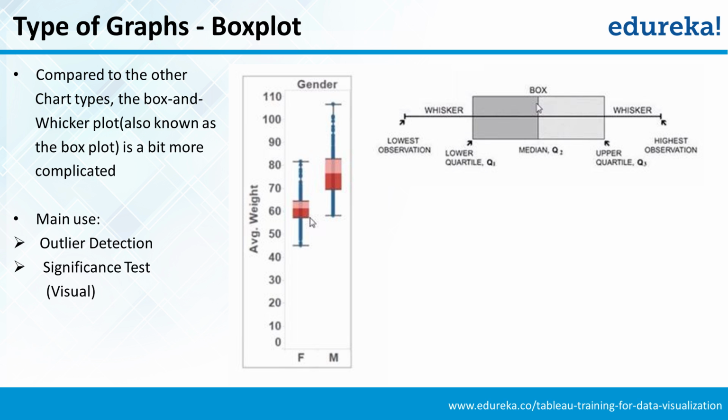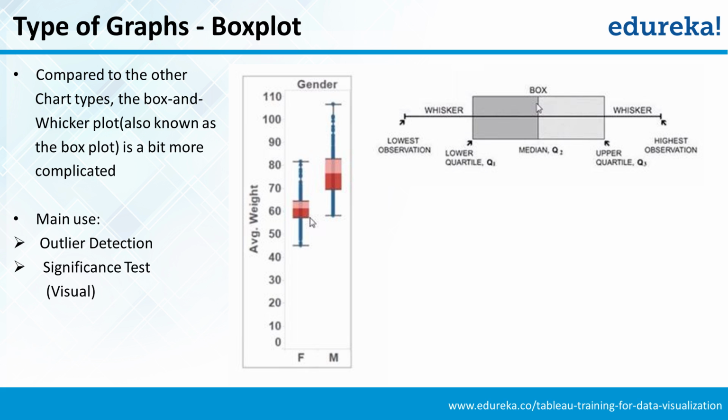So when we talk about percentile, the median is the 50th percentile. Q1, the first quartile or lower quartile, is the 25th percentile. Q3 is the 75th percentile. And then this is the lowest position, and this is the highest position. In this box plot, this is the lightest female, this is the heaviest female, this is the female at the 25th percentile, this female is at the 50th percentile, the median, this is at the 75th percentile, and this is the heaviest one.